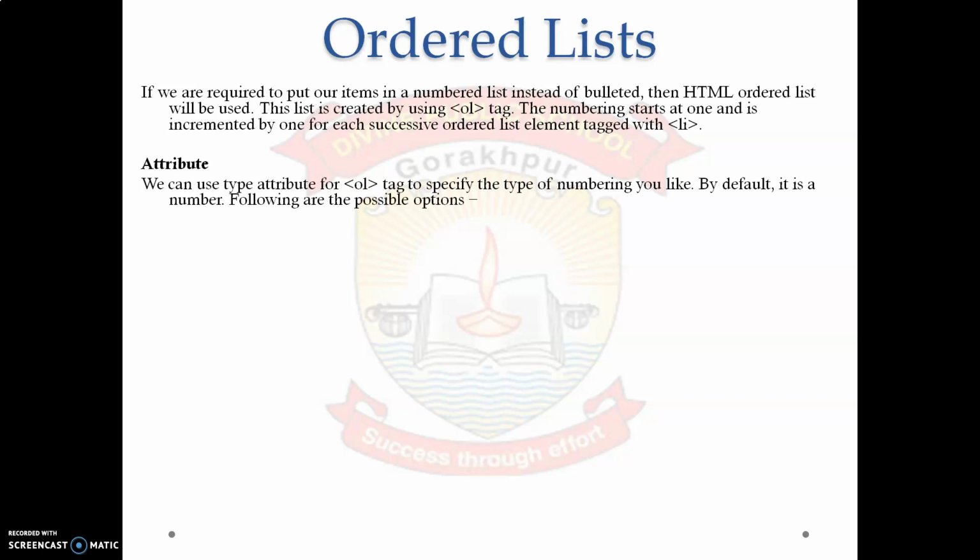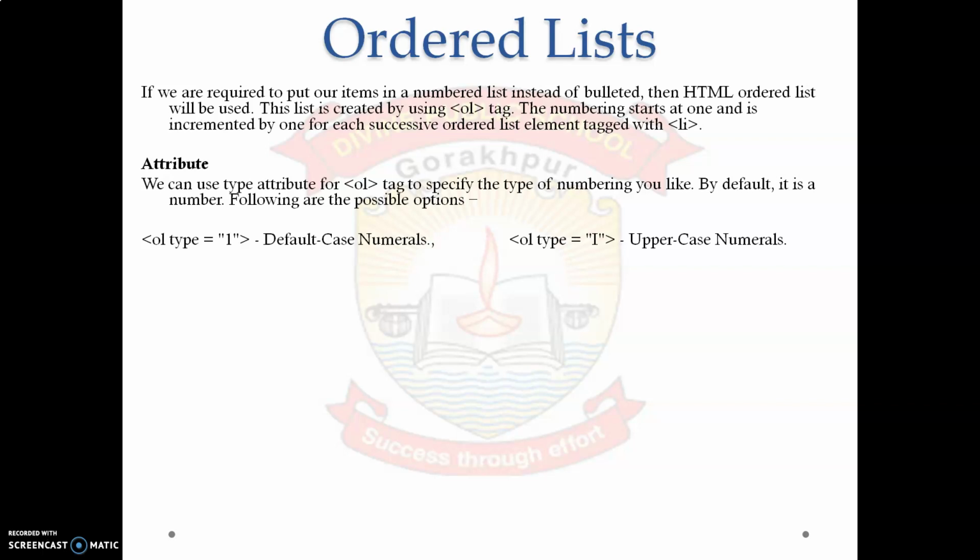Here we also have an attribute like type, where we have to specify which type of numbering we want. Like in the given example, ol for ordered list and type attribute equal to "1" in double inverted commas, and second one with Roman.